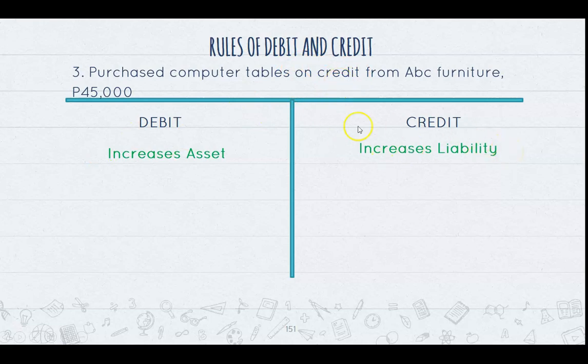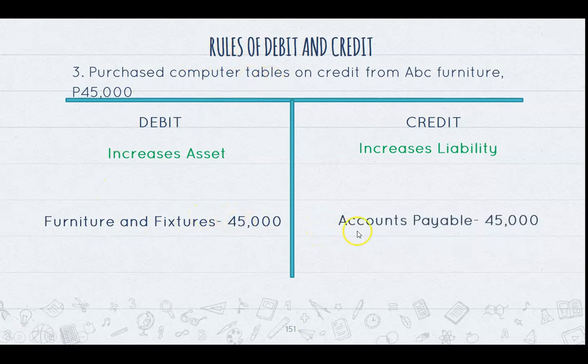Bakit? So let us check. Tingnan natin kung anong entry natin sa debit. Furniture and fixtures kasi computer tables amounting to 45,000. Yung credit natin ay accounts payable. Bakit accounts payable? Hindi cash. E nag-purchase tayo. Dahil hindi na-mention dito na on cash or for cash.